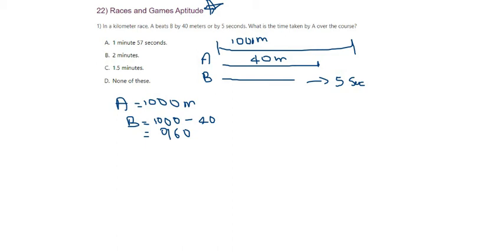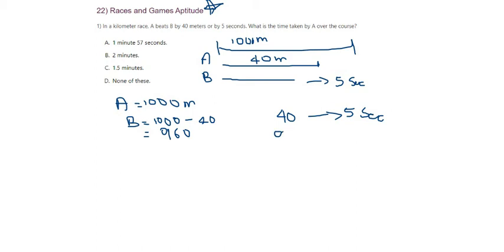So the very simple thing to understand in this case is, A beats B by 40 meters or by 5 seconds, which means 40 meters by 5 seconds.